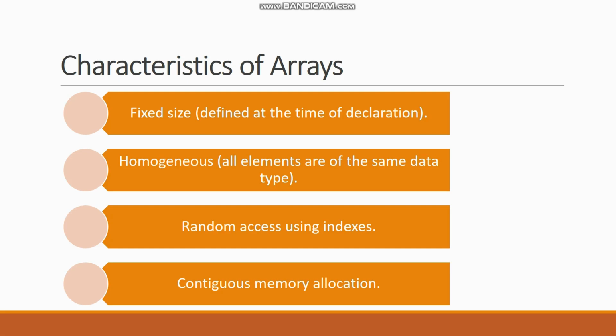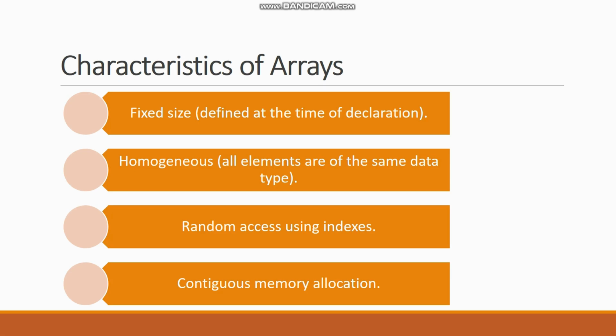I'm repeating this point again and again because it is very important that you cannot store data of different data types in the same array. If you declare the array type as integer, then all the elements it stores will be integers only. It's not possible that you declare an array of type integer and store characters or floats in it.